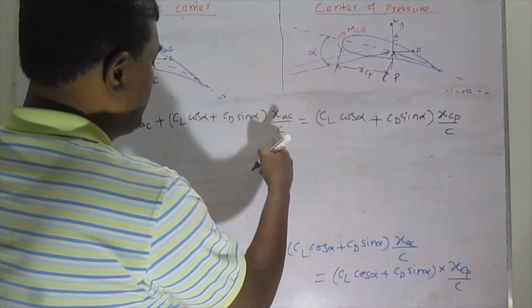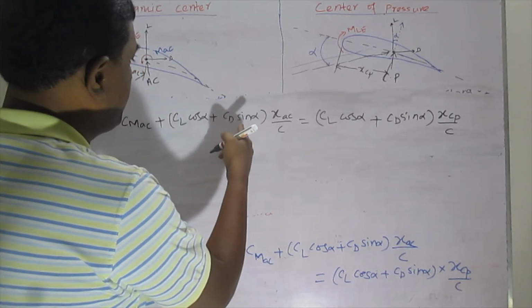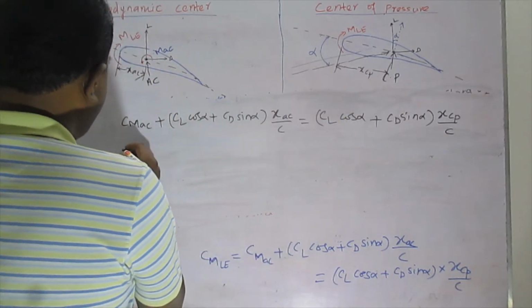Divide by CL cos alpha plus CD sin alpha on both sides.